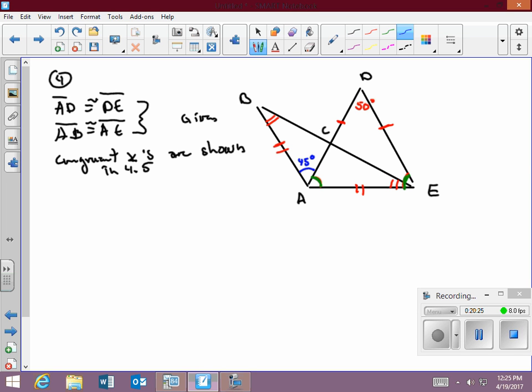And then we want to find the measure of angle BEC and the measure of angle ACE. So BEC and AEC.